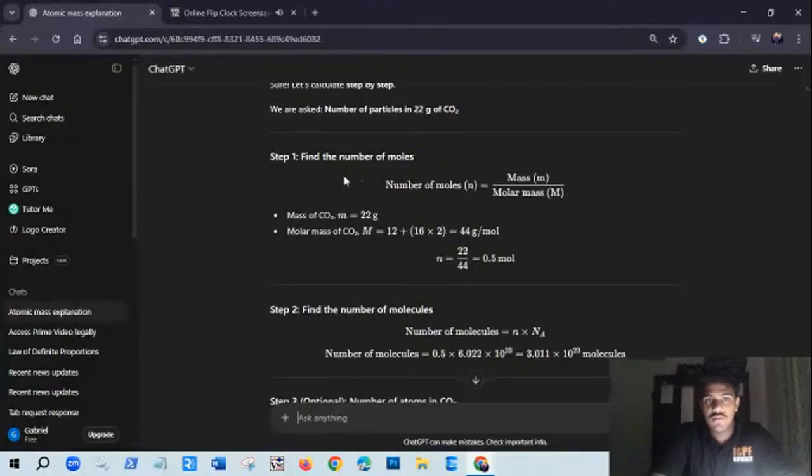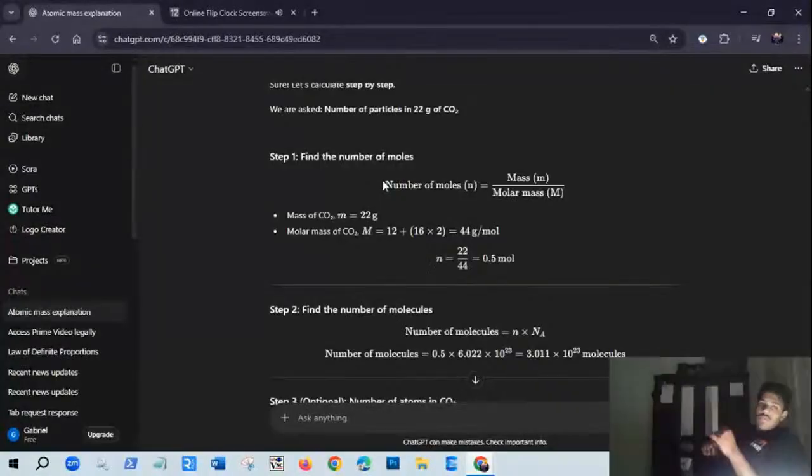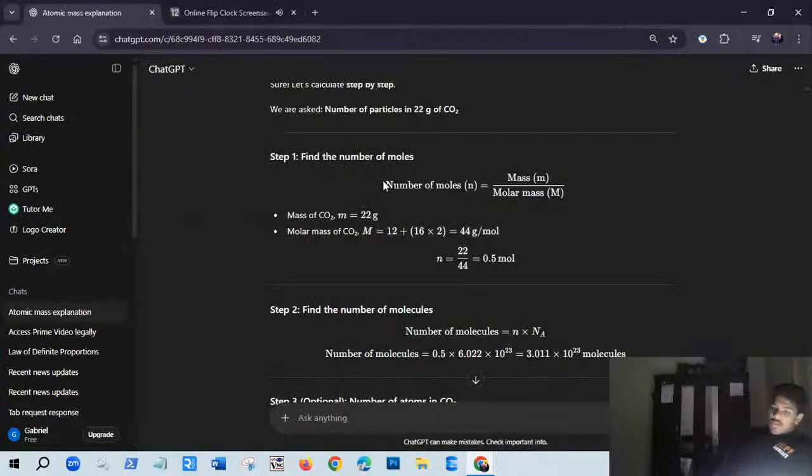Molar mass of CO2. Find the number of moles first. Number of moles. Calculate the particle value. First find the moles. Once you have the moles, you find the number of molecules.